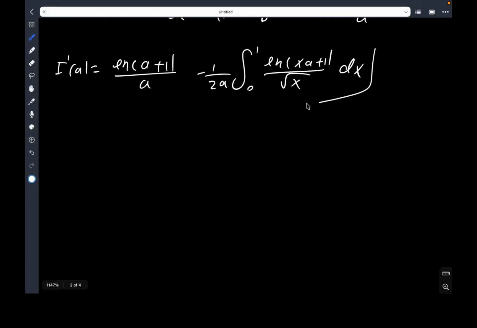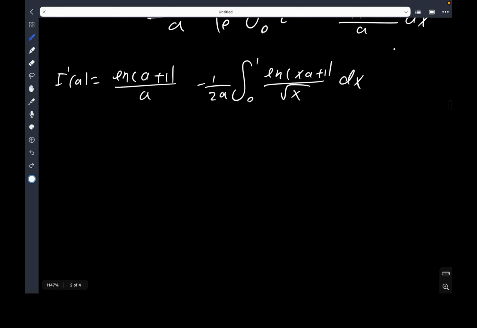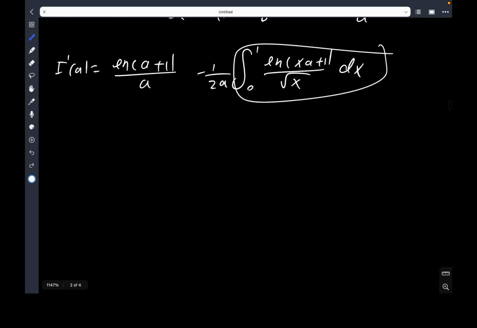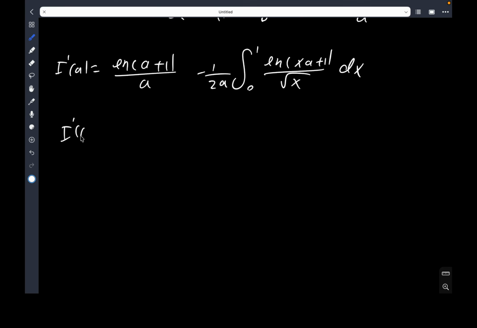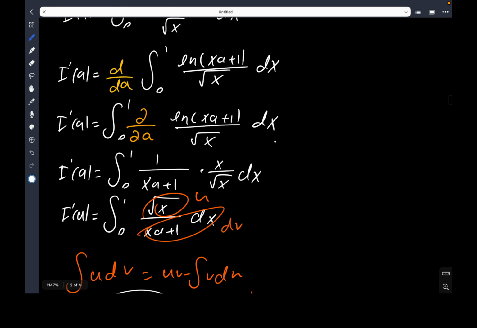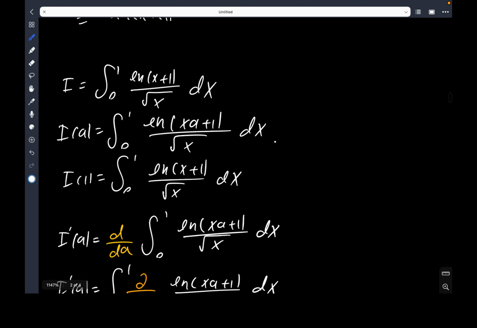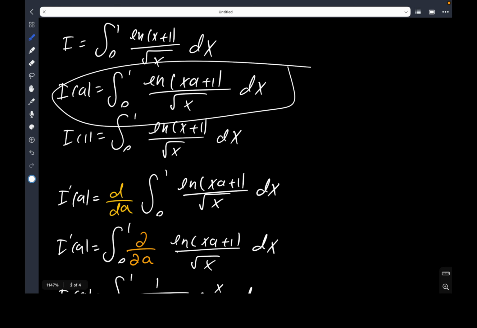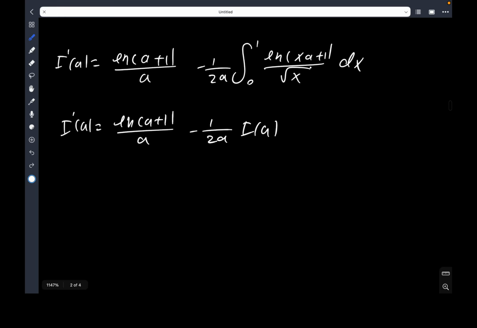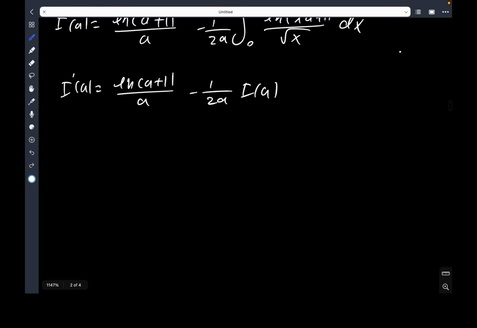So now notice that this thing right here is our I of a. If you look closely, sorry, I of a. So I prime of a therefore is ln of a plus 1 over a minus 1 over 2a times I of a, and I of a is defined as this one, and you see that it is the same as this one here.